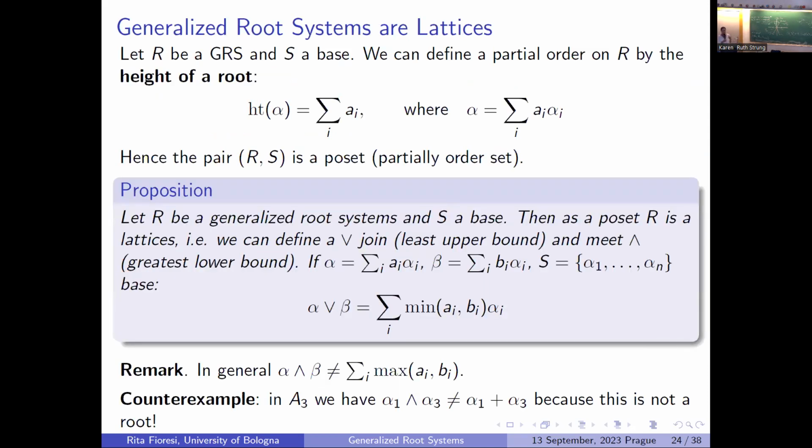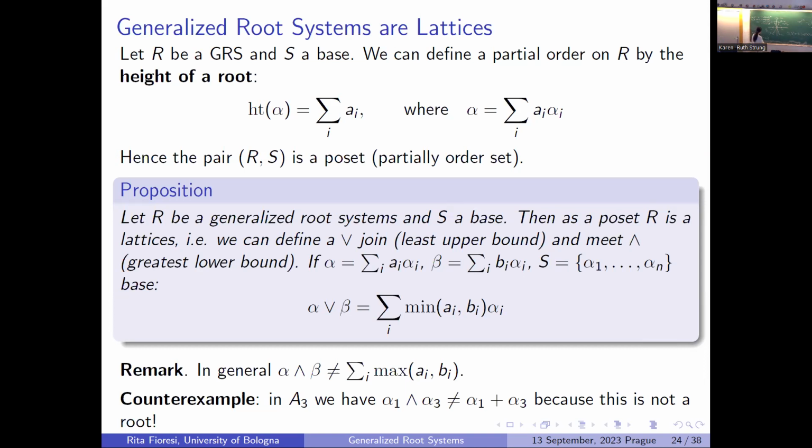Okay, then you can define the height of a root. And I just wanted to spend one moment on this, saying that since Stefan talked so much about posets, the root system is a poset where you define the height of a root simply as a number.